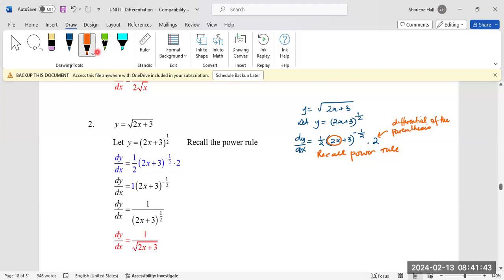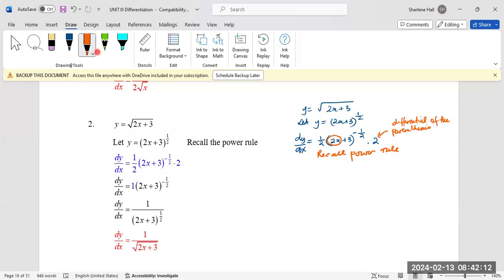I'm going to multiply by the differential of the inside of the parentheses. You got that?